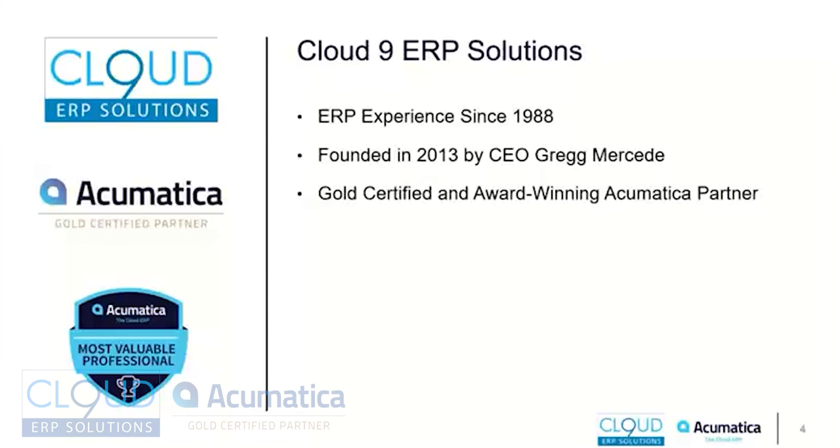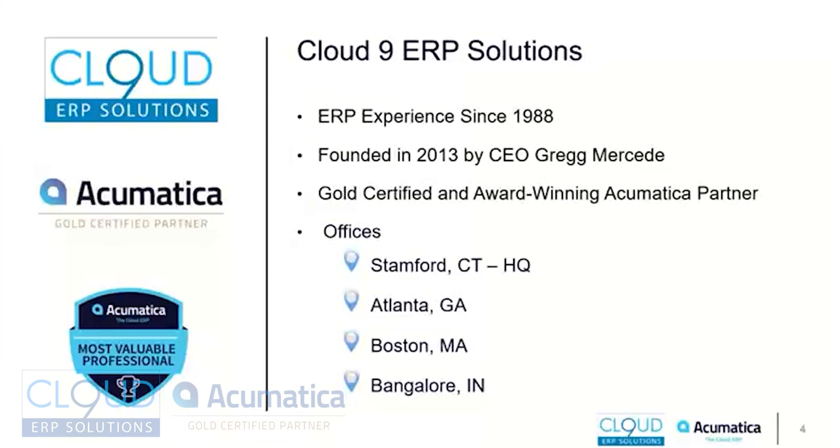A little bit about Cloud9 ERP Solutions. We have ERP experience that dates back to 1988. As was introduced earlier with Greg Mercedes, the CEO, he founded the company in 2013. We are a gold certified and award-winning Acumatica partner. So what that means briefly is that we focus completely on Acumatica.